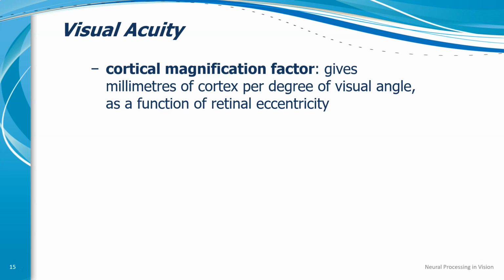Now, not all incoming information is treated equally. It depends on retinal eccentricity. Yeah, this is a mathematical term, and it describes our position on a curved surface. What curved surface is that? Well, that's the retina. An eccentricity of 0 means we're right in the fovea, and as those numbers increase, that means we're moving out into the periphery.